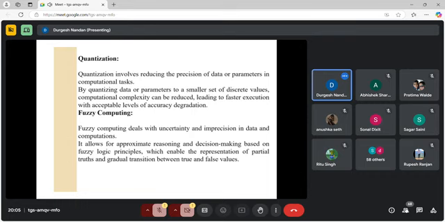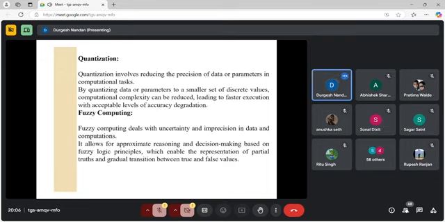Basically, it reduces the precision of data or parameters in computational tasks by quantizing data or parameters to a smaller set of discrete values. It reduces the computational complexity and makes execution faster with an acceptable level of accuracy degradation.